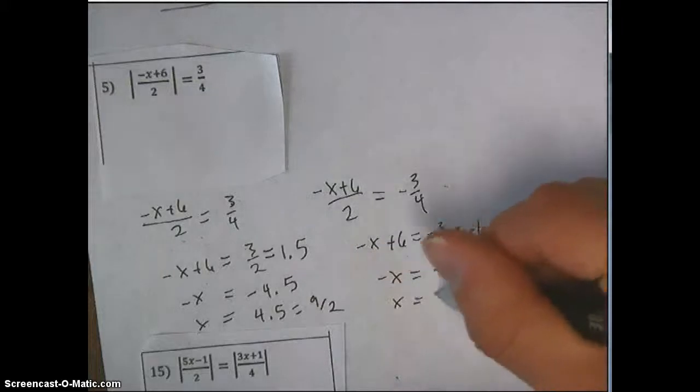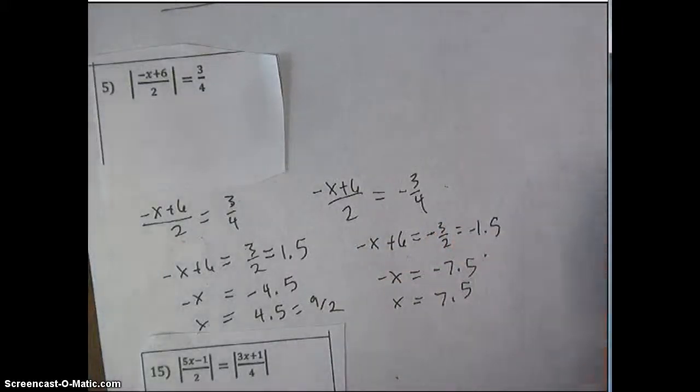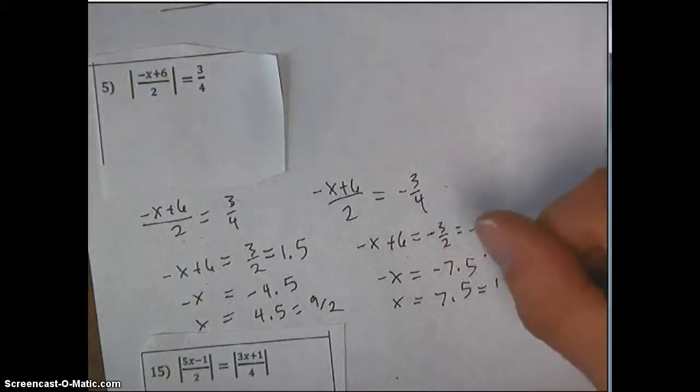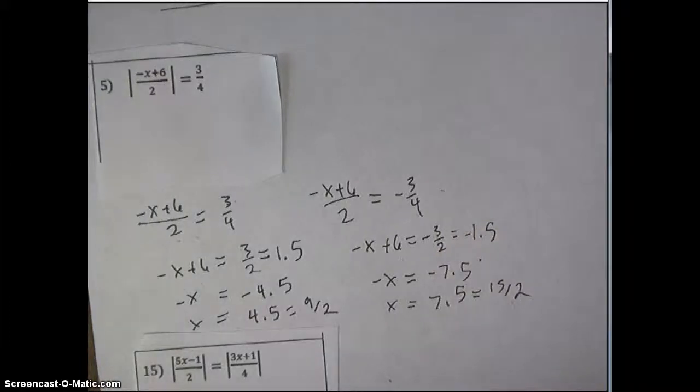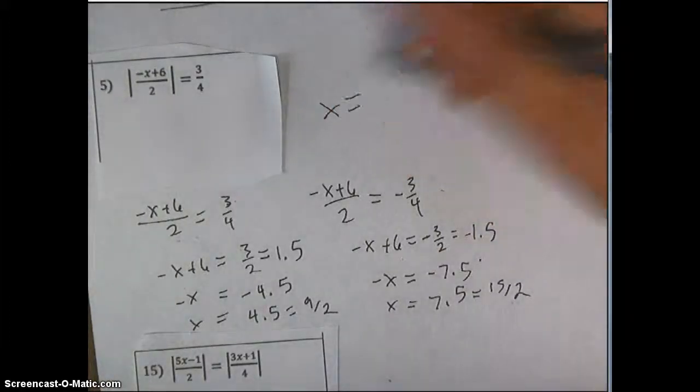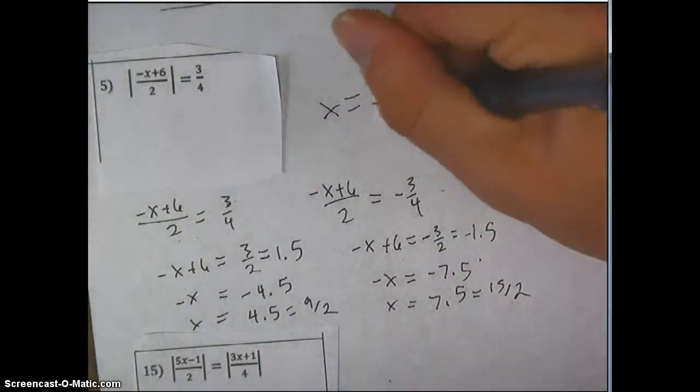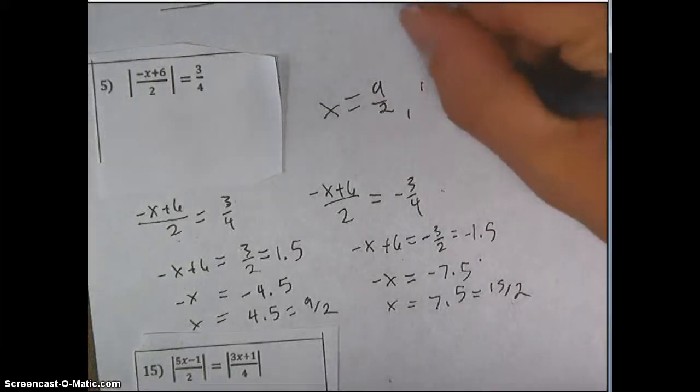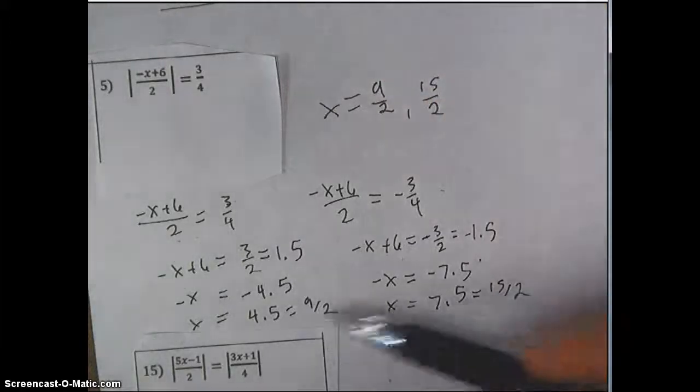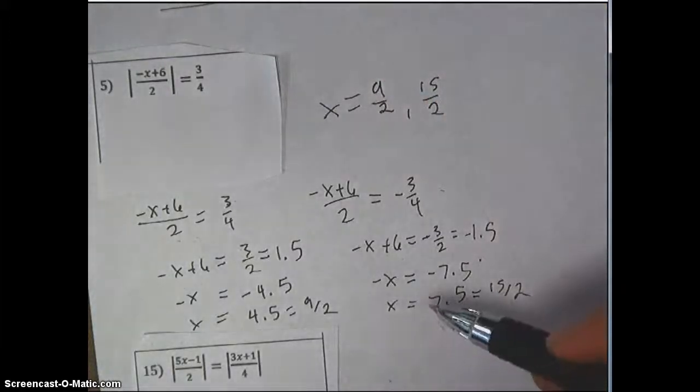So x equals 7.5, or if you prefer, 15 over 2. So the two answers here, x equals 9 over 2 and 15 over 2. Or you can keep it as a decimal if you'd like, 4.5 and 7.5.